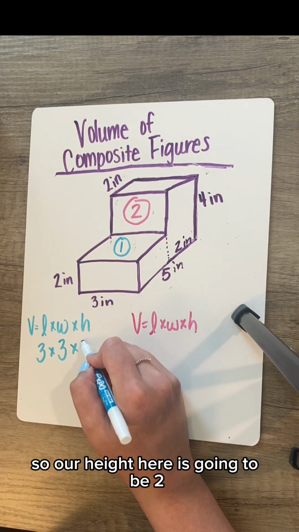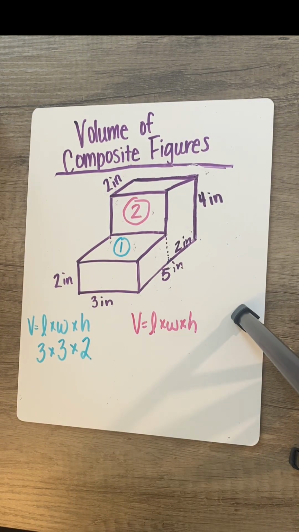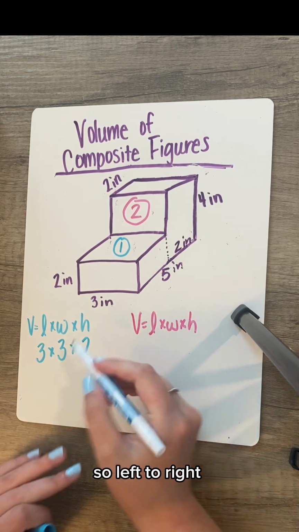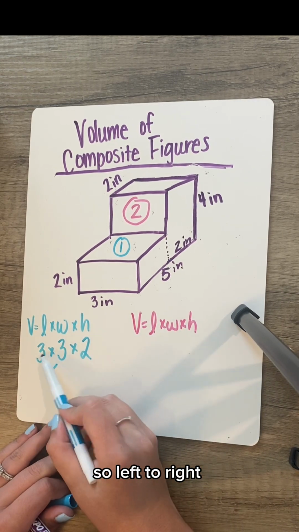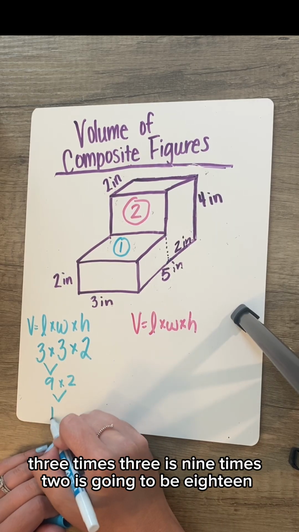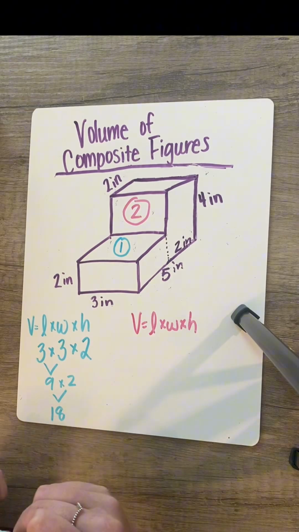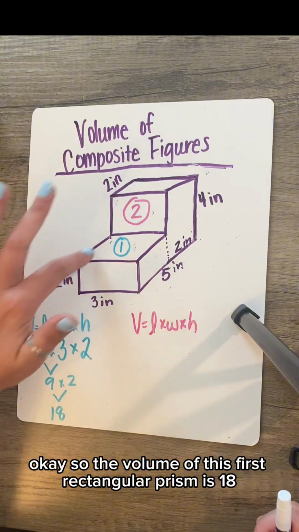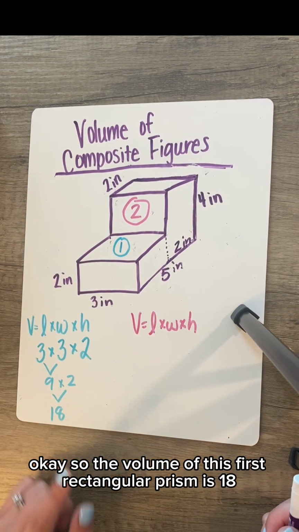So our height here is going to be 2. Then we can go ahead and multiply those all up. So left to right, 3 times 3 is 9, times 2 is going to be 18. Okay, so the volume of this first rectangular prism is 18.